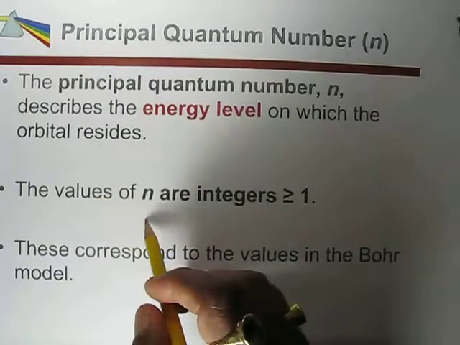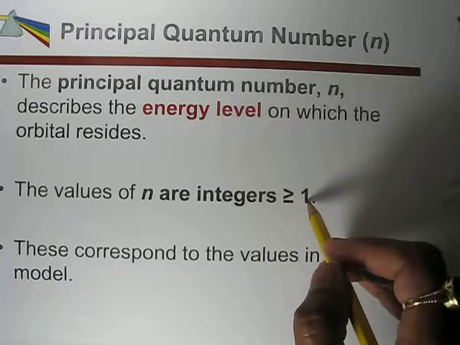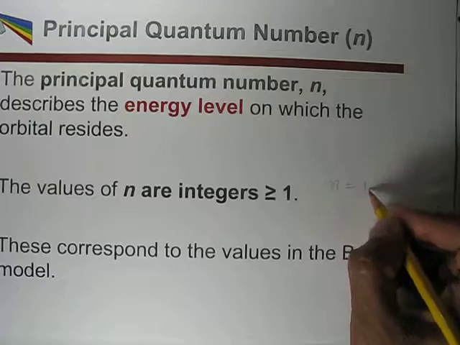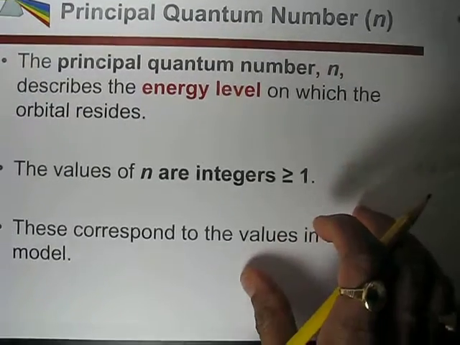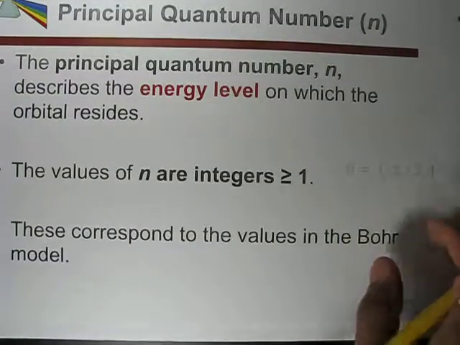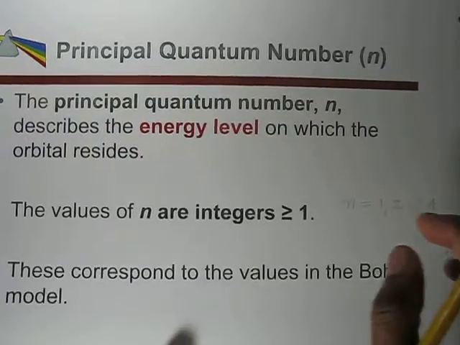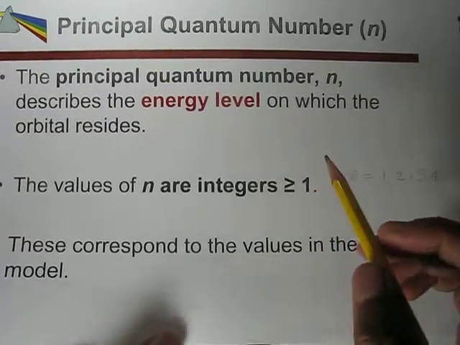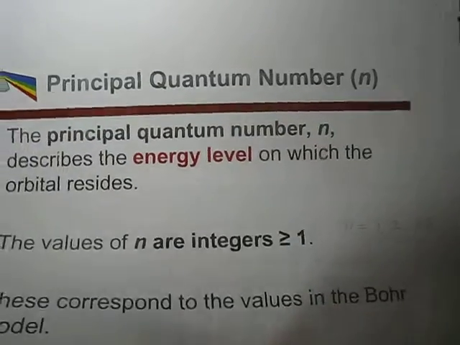The value of small n is any integer equal to or more than 1. So small n would be 1, 2, 3, 4, any integer, and these correspond to the values in the Bohr model, because the Bohr model also gave some valuable information in supporting quantum mechanics.